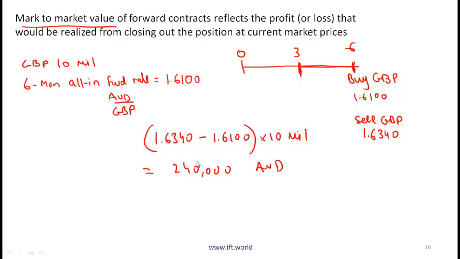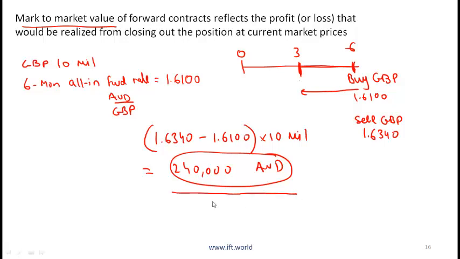So we need to take the 240,000 Australian dollar profit at the end of month 6 and find the present value over here. To find the present value, you take this number and discount based on the interest rate. The interest rate obviously is the Australian dollar interest rate, since that's the currency we are using over here.